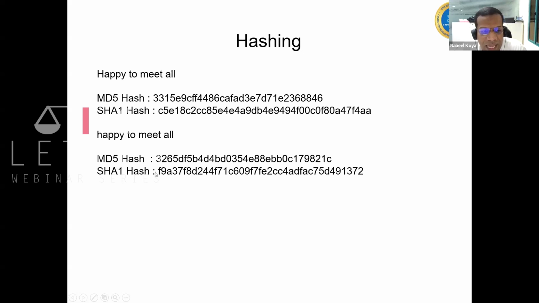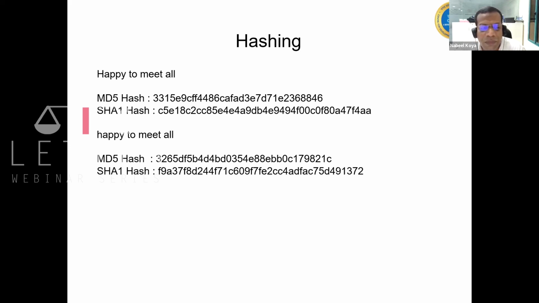If you compare the hash values, for MD5 the values have changed by more than 50%, and for SHA also the changes are more than 50%. This is the beauty of the hashing algorithm. Even if you make a minute change, the hash values change by an enormous amount, so that you cannot identify what the change was.